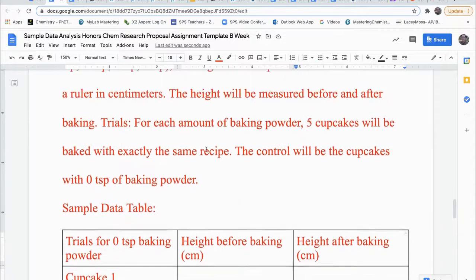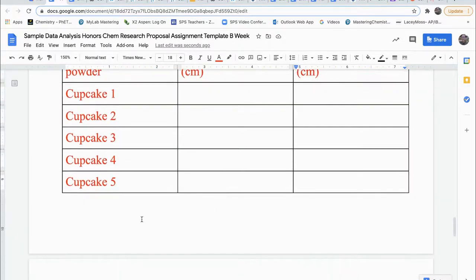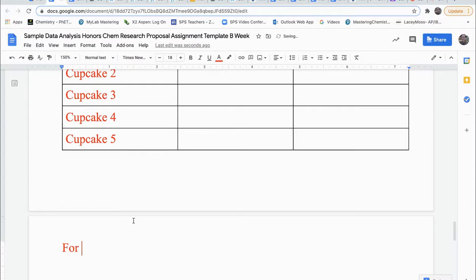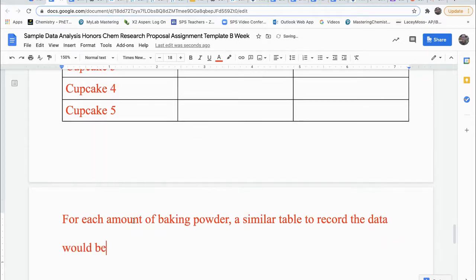Now, you're probably thinking, but I have to do this for other amounts. So instead of making all of the data tables, we're just going to explain here that for each amount of baking powder, a similar table to record the data would be made.